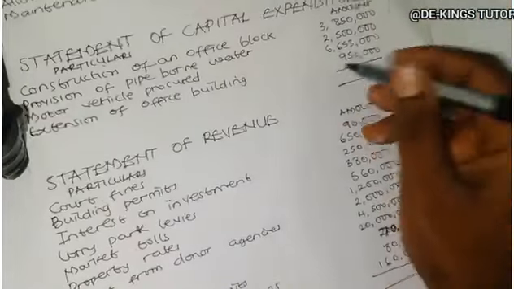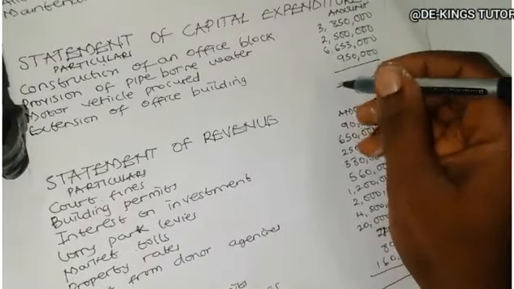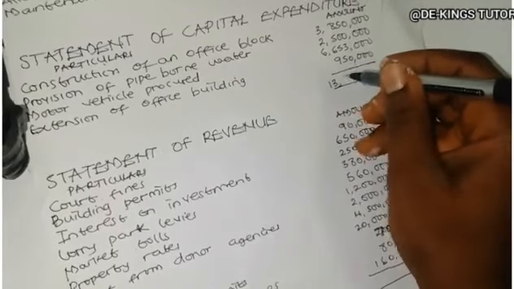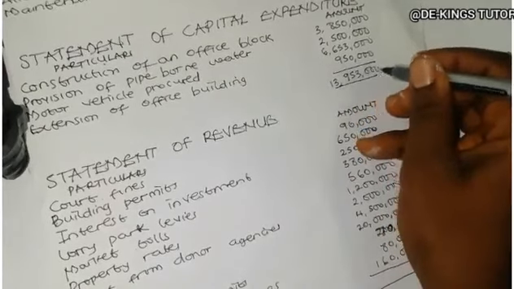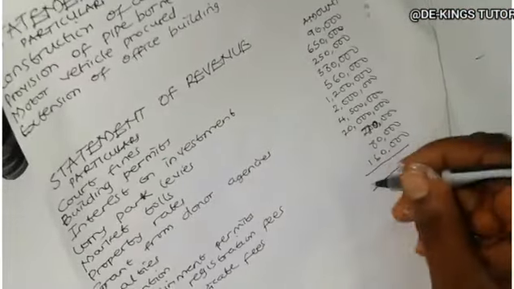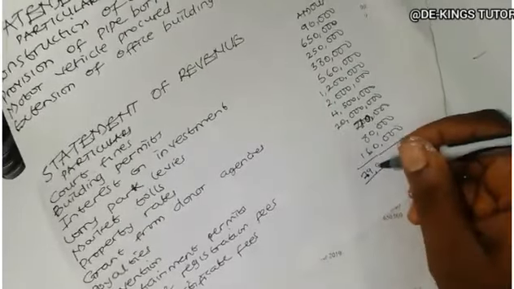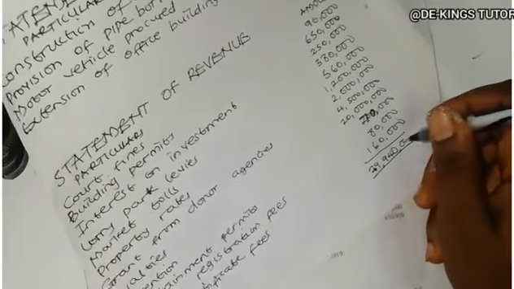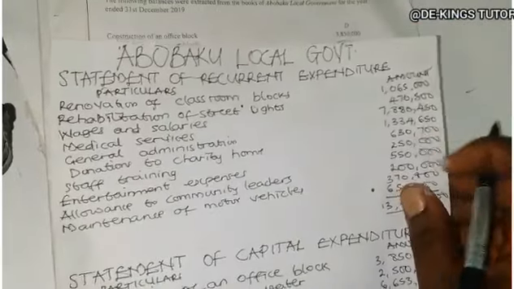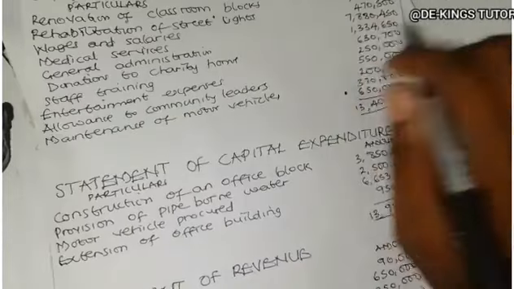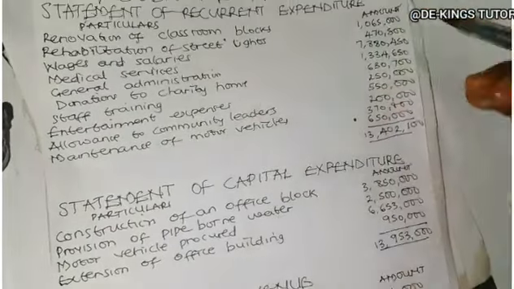The capital expenditure is 13,953,000. And our revenue, as statement of revenue, is giving me 29,940,000. So that is it. This is the recurrent expenditure, this is the capital expenditure, and this is the revenue.